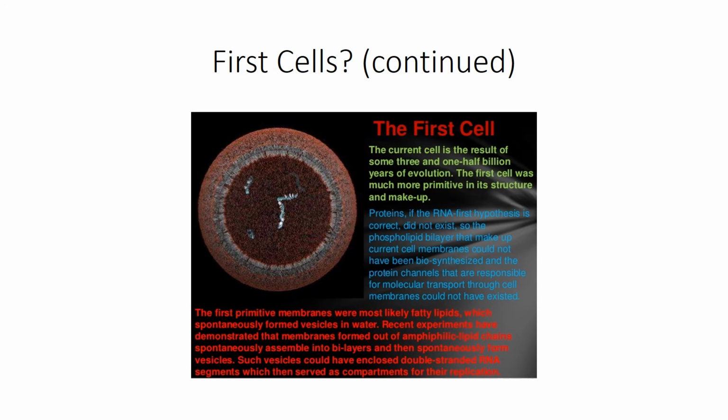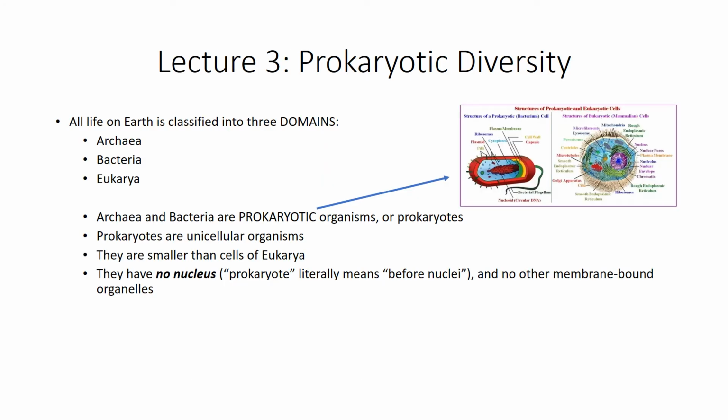Now let me switch to your lecture 3, prokaryotic diversity. A little bit of a jump, right? So from molecules to pre-cells to prokaryotes. What are prokaryotes? Literally, prokaryote in Greek means before nuclei or before nucleus.